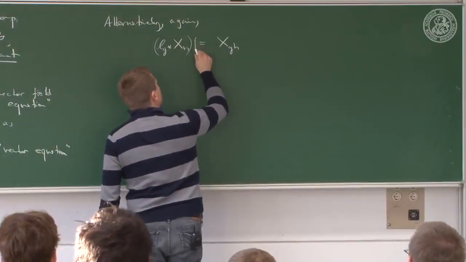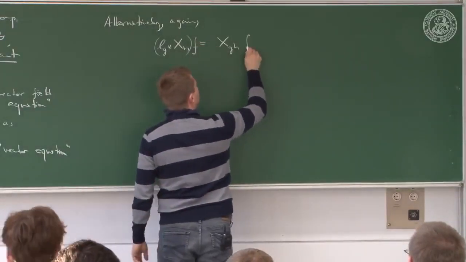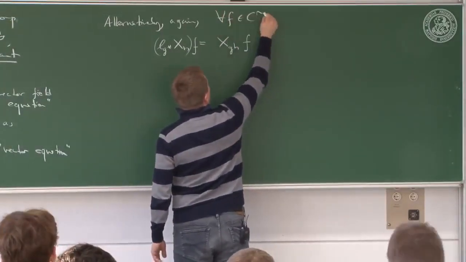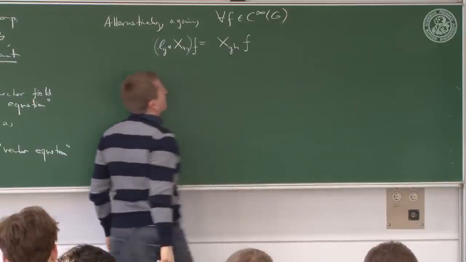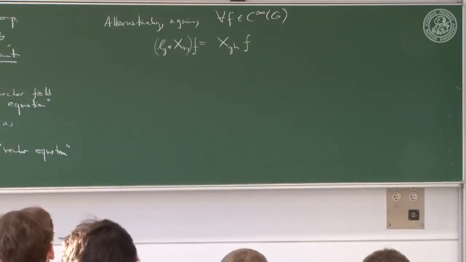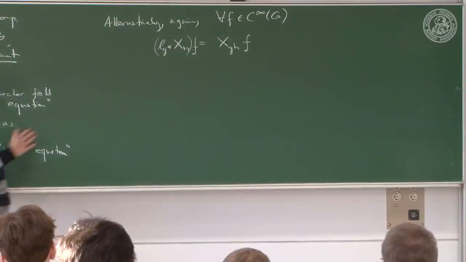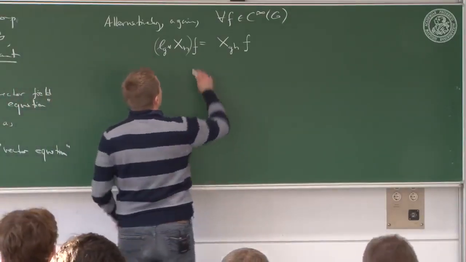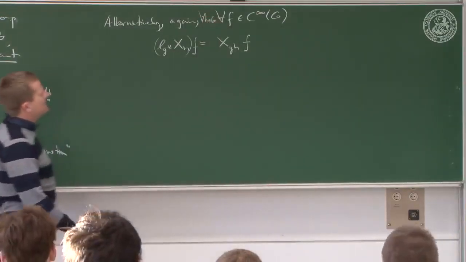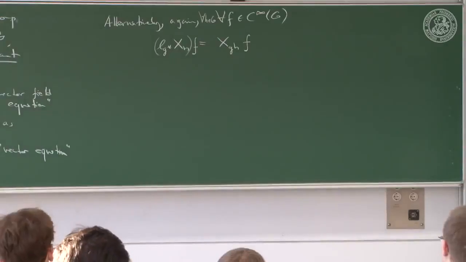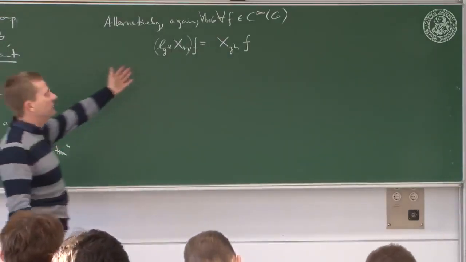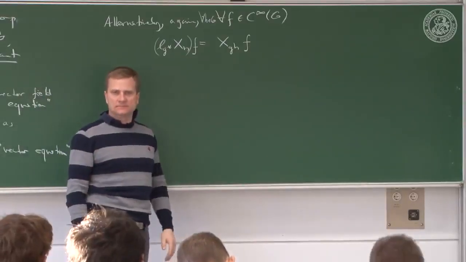But now we can apply it to an arbitrary function f. So now we take an arbitrary smooth function on our manifold, G. And, well, if this is true for all the vectors, then it must be true that for all h in G, and for all f in C infinity of G, this equation is true. Right? It's just, if the vectors are the same, then the action on a function is the same. Okay?